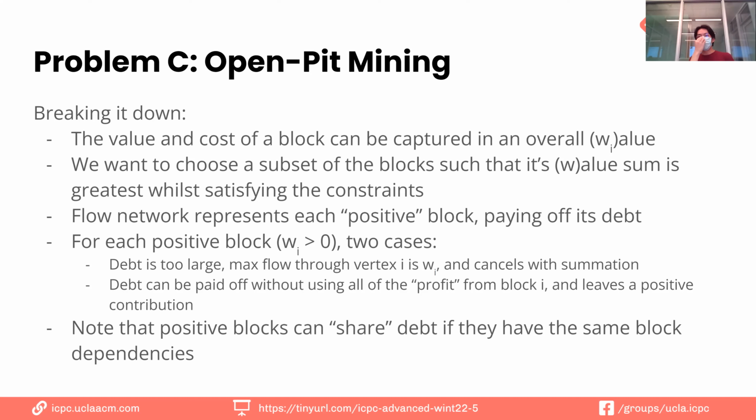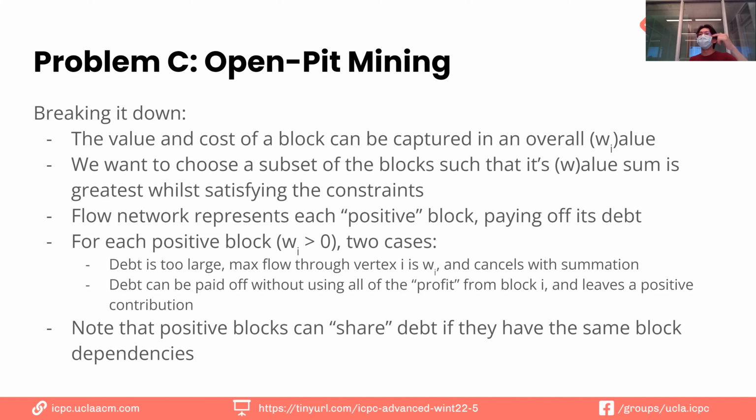Since the edge weight from the source to a positive block is equal to the value of the positive block, that represents how much value we're getting out of that block if we push a flow through. We push all that value that we gain through it, it distributes to all of its debt blocks, and then those are capped on the edges from the negative blocks to the sink. Those are capped based off of their debt value, how much we need to pay them off by.